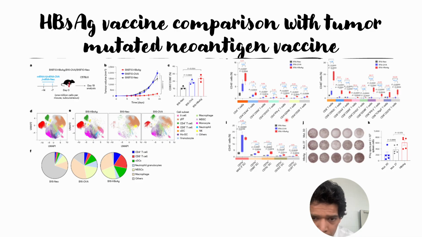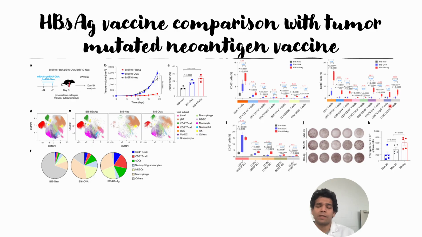Similarly, the CD4 plus granzyme T cells are also significantly higher, and the same thing they have seen for the CD8 plus IFN gamma and CD8 plus granzyme. Along with that, they also checked CD8 plus CD279, which is a marker for PD-1 receptors, which is also high in the case of HBsAg.